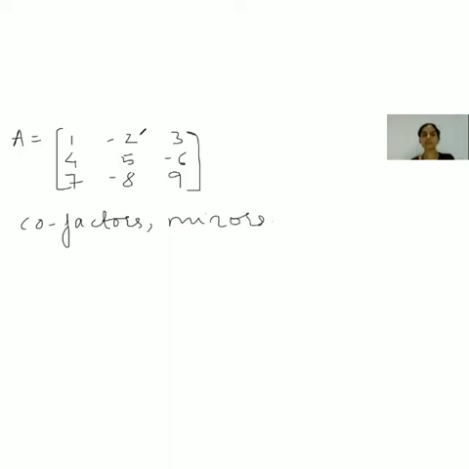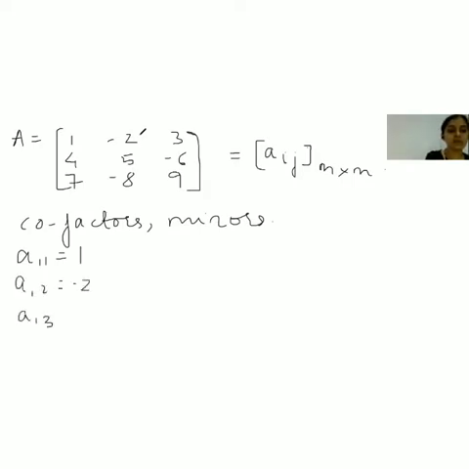Every element inside the matrix A can be represented as Aij. It is a matrix of the order 3 into 3, and the elements can be represented generally as Aij. Now what is Aij in the matrix given above? Let us say that we want to find A11. So what is A11? It is 1. A12 is minus 2. A13 is 3. Similarly, we have the other elements.